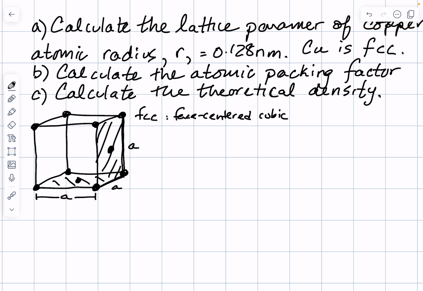And now I'm going to stop trying to sketch each face because it'll get too complicated for us to see. But there's going to be an atom in the center of the left face, an atom in the center of the back face, an atom in the center of the top face, and an atom in the center of the front face. That's the one that's hardest to see of all.